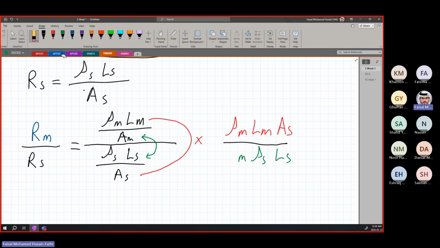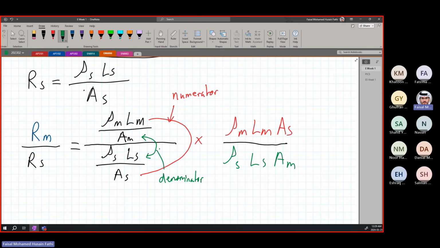Let me actually rearrange it so that everything related to each other is in front of each other. So rho S Ls Am. Again, the further away ones are going to be your numerator. The closer ones are going to be the denominator. Okay? This is always the rule in math. Just make sure you're doing it properly and you'll never get confused.